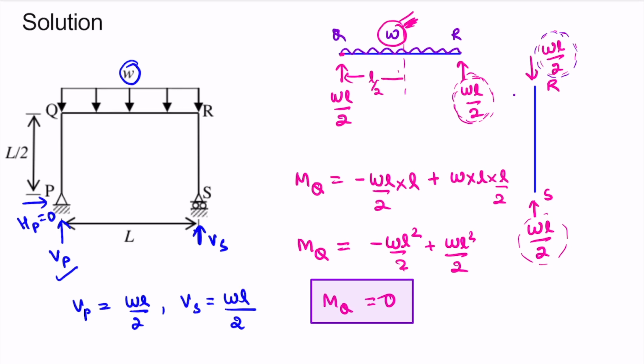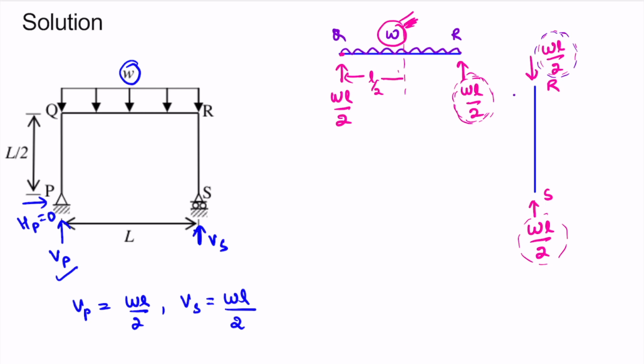Although at this stage we have got our answer, that is the moment at Q, we can also complete this free body diagram by making the forces in the other column as well. Let me draw this column here. Here we have this WL by 2 in upward direction. This is column QP. For this we will have it in downward direction, WL by 2. There is no moment at joint Q, so it will not get transferred here.